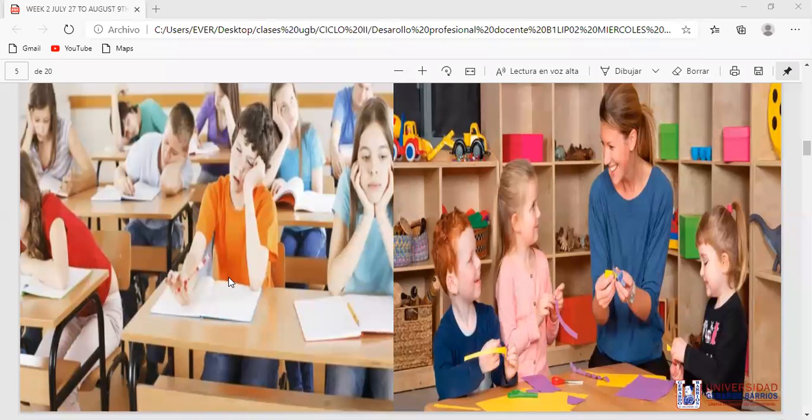In the second picture, you see a lot of materials. They are participating, they are part of the learning process. And the teacher is relaxed, smiling, doing it with them, guiding them.